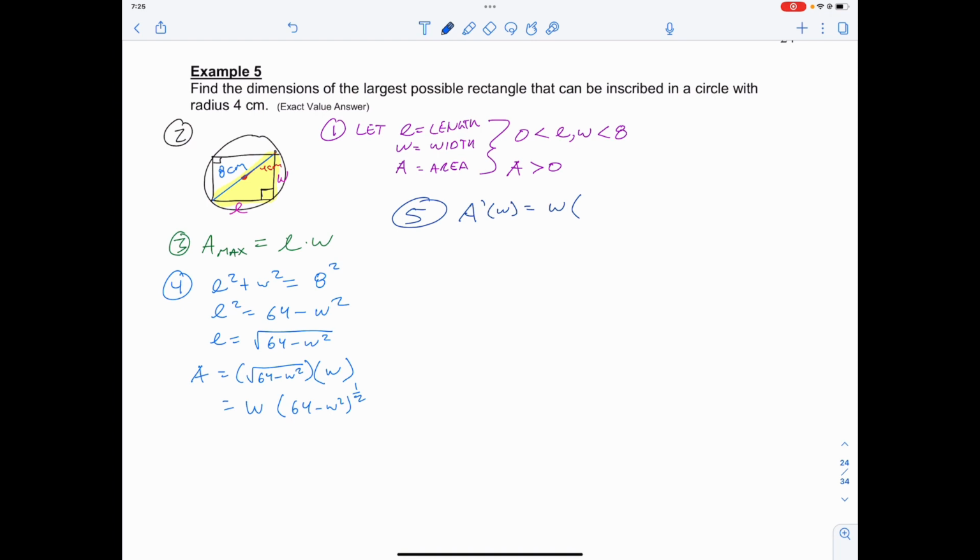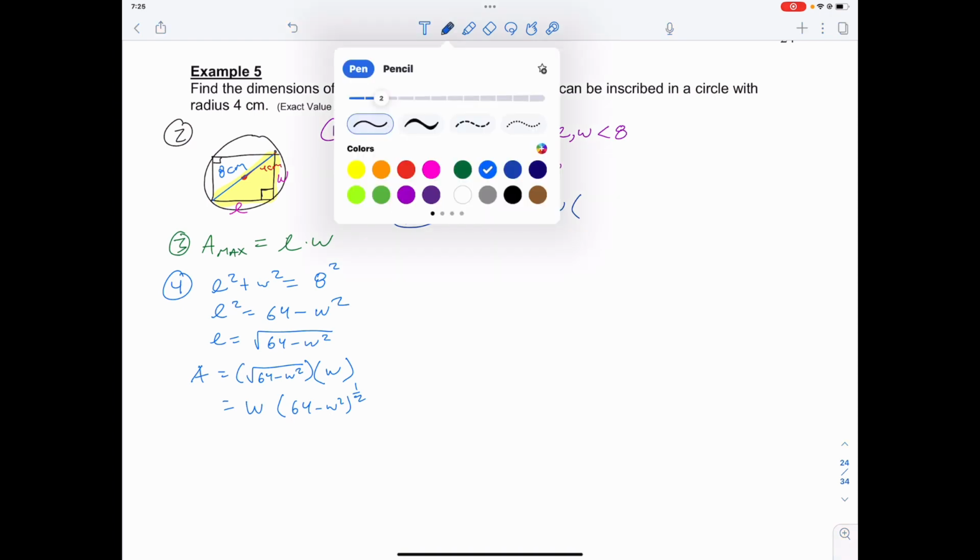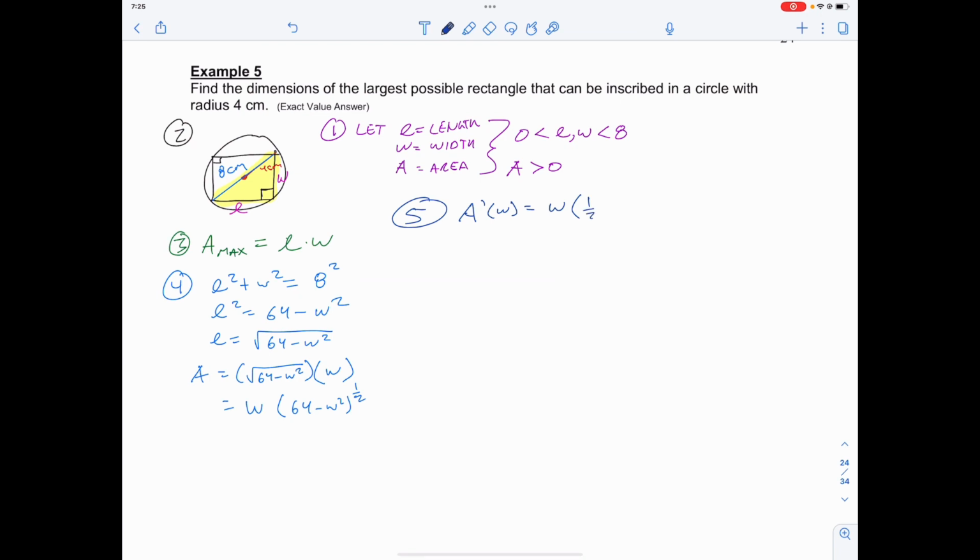So that when I'm deriving it, I'm just using that chain rule, and I'm going to say that it's going to be 1/2 the 64 minus W squared to the negative 1/2. And that's all going to be multiplied by negative 2W. And I'm going to add to that the 64 minus W squared to the 1/2 multiplied by the derivative of W, which is just 1.